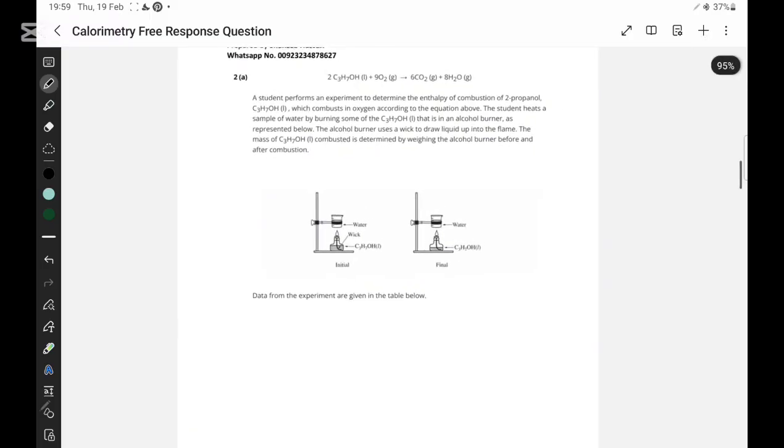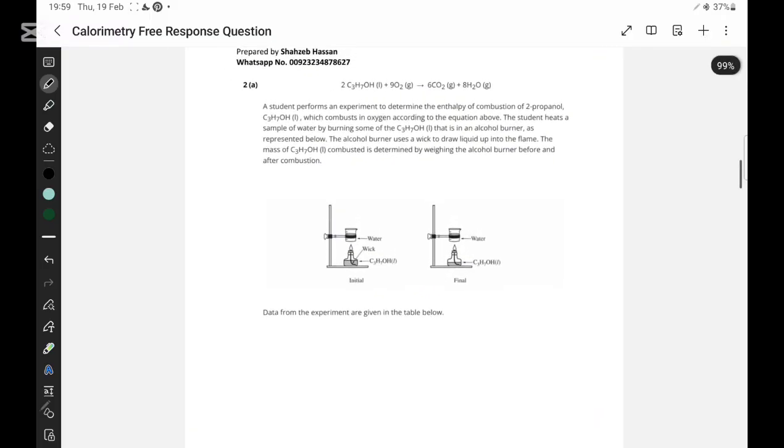In this question, they are saying that a student performs an experiment to determine the enthalpy of combustion of 2-propanol, which combusts in oxygen according to the equation above. The student heats a sample of water by burning some 2-propanol in an alcohol burner, as represented below.